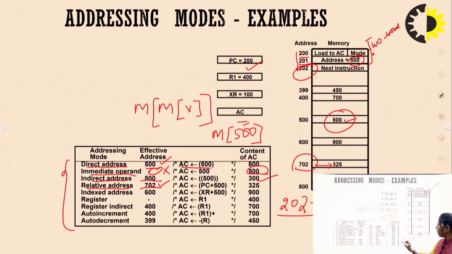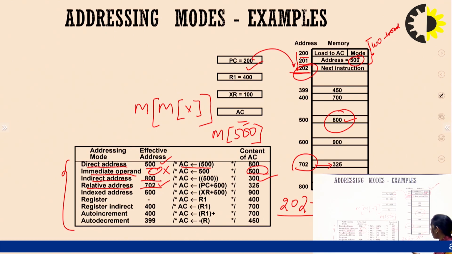What it has done, it has first of all considered the next instruction from 200, because it was a two-word instruction, and then it added the value and then calculated the effective address. From this effective address, the content of the accumulator was calculated. In the index register, what we know, we are having an index register value.